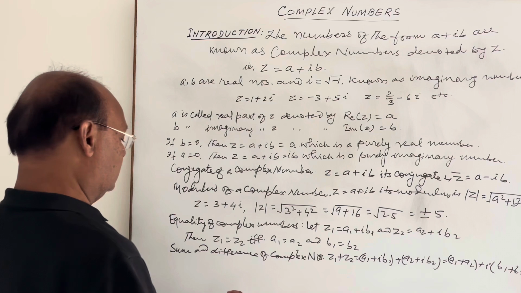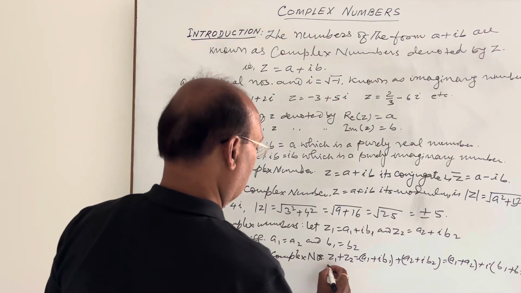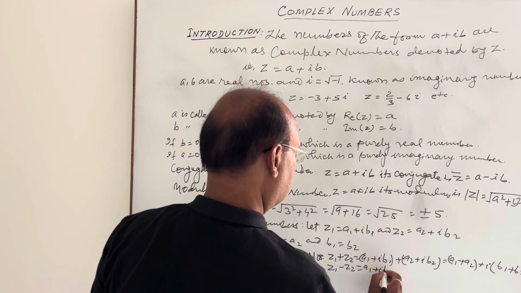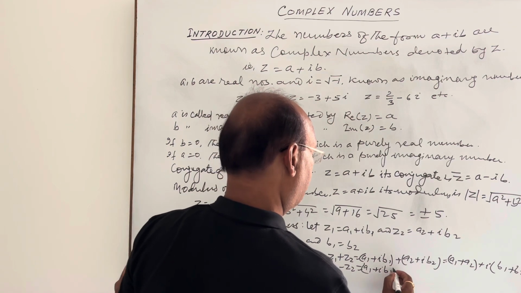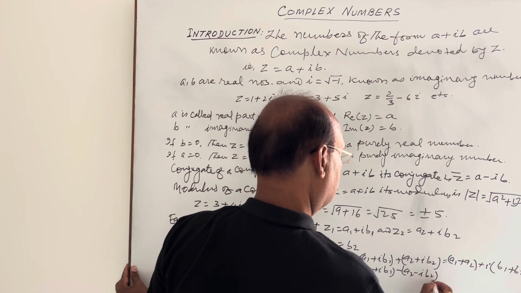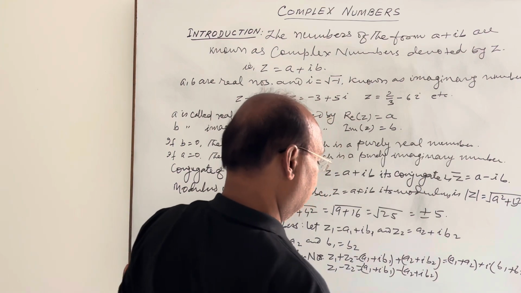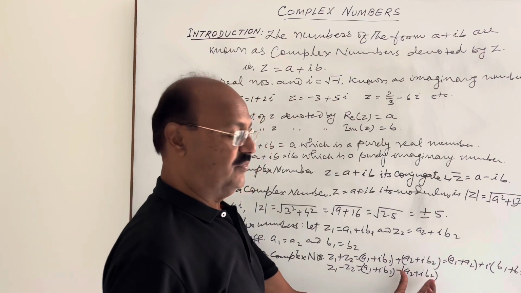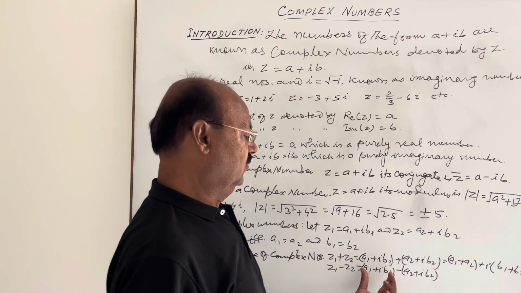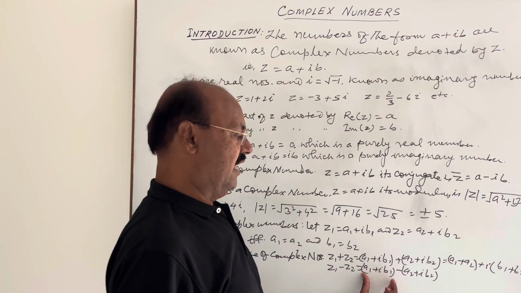Similarly, difference of complex numbers z1 minus z2, this is a1 plus ib1 minus a2 plus ib2. Here we are subtracting this complex number a2 plus ib2 from this complex number a1 plus ib1.